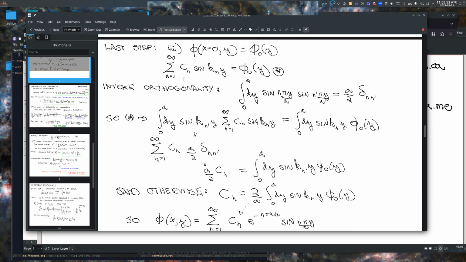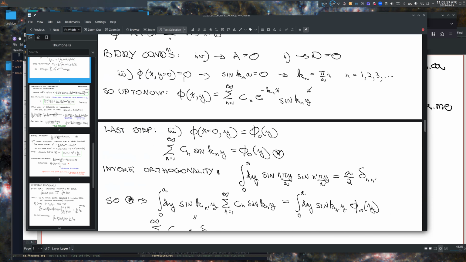Our general solution, which we had written just in the previous part, is this form here, phi for all x and y within the region. We remember that there's no z dependence by symmetry. The x and y dependence is given by this particular summation of the basis functions. Each of these basis functions, e to the minus k_n x sine k_n y, fulfills Laplace, but of course not yet the boundary conditions, because we haven't done that yet.